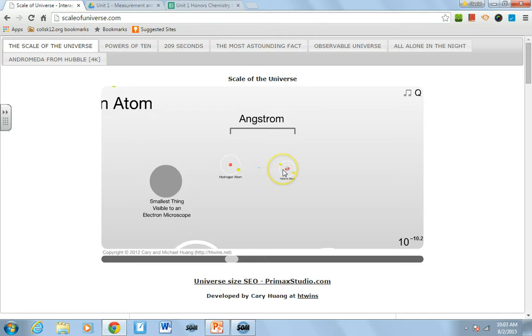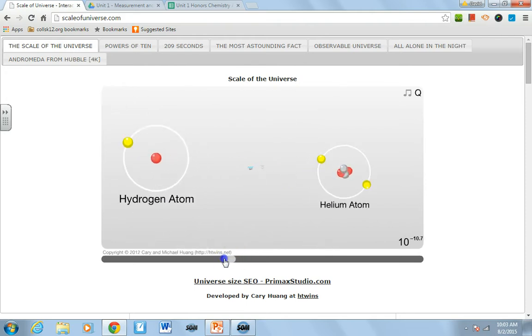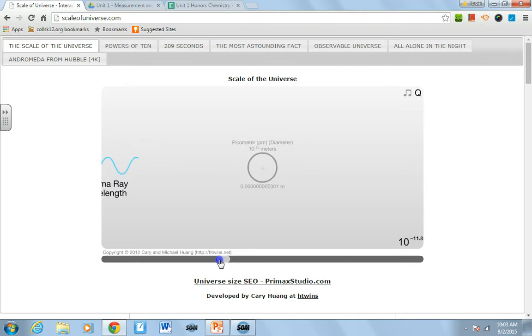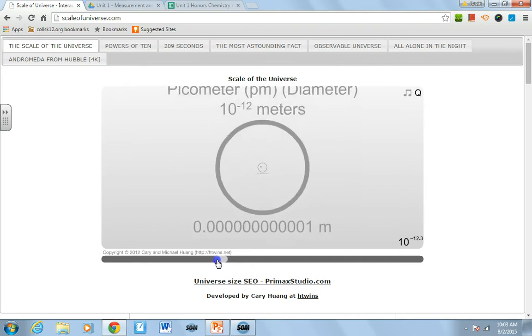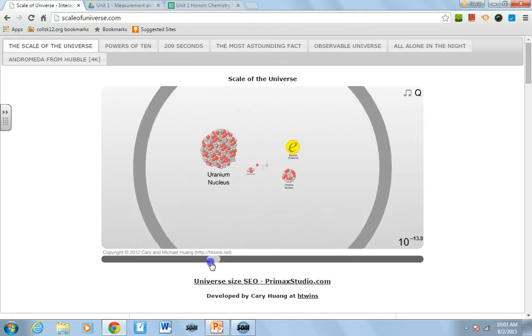The helium atom is the smallest atom in the known periodic table. And I think it's going to stay the smallest. And of course we can get even smaller. Just so you know, we can actually zoom in on things like the nucleus of an atom, but we'll save that for later.